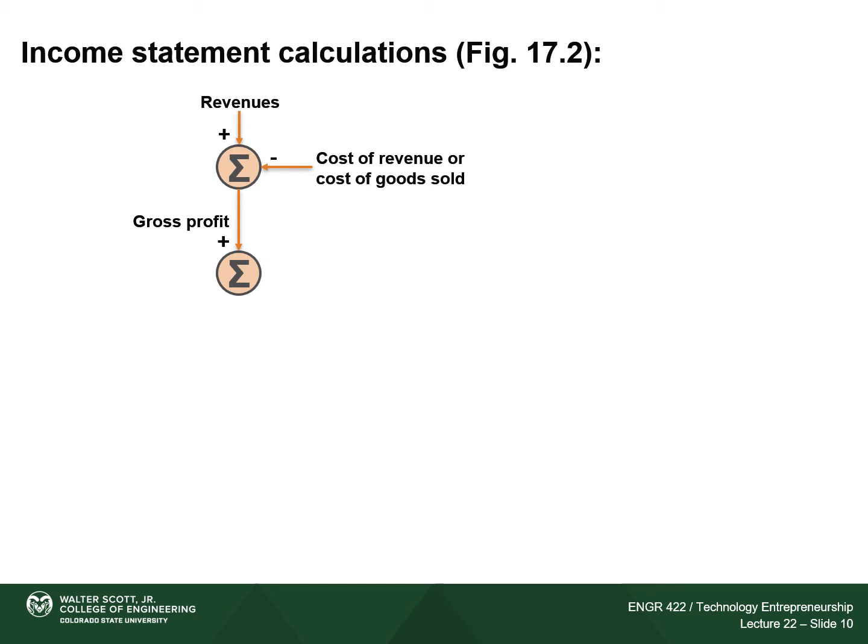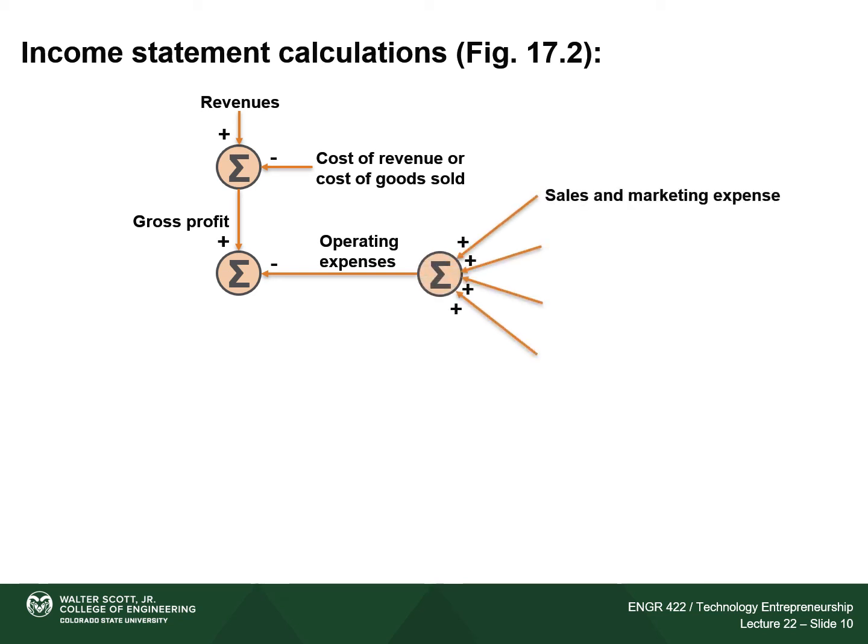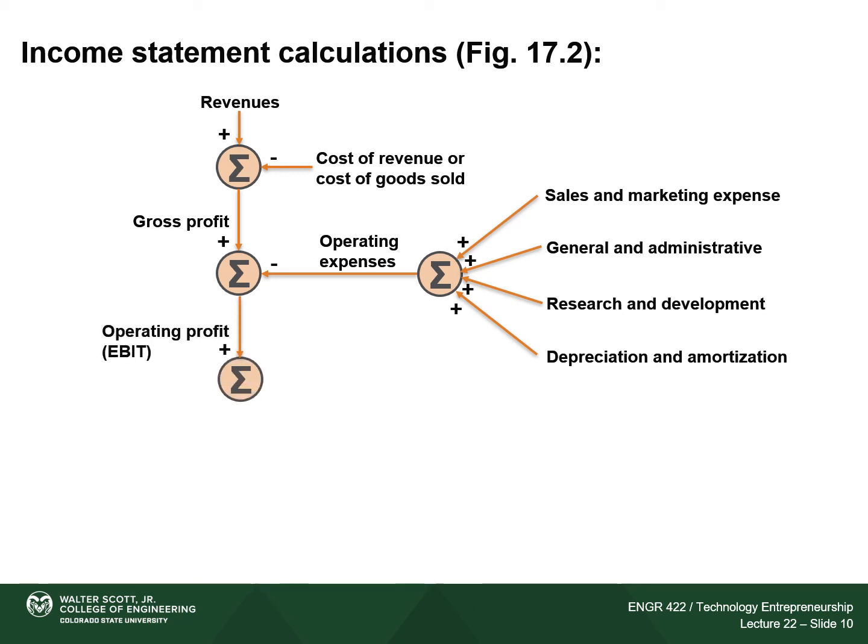Once you have your gross profit, you subtract out your operating expenses, and operating expenses can be in a number of categories, such as sales and marketing expenses, general and administrative expenses, research and development expenses, and depreciation and amortization expenses. Once you have your gross profit and subtract your operating expenses, what you end up with is your operating profit, EBIT, earnings before interest and taxes.